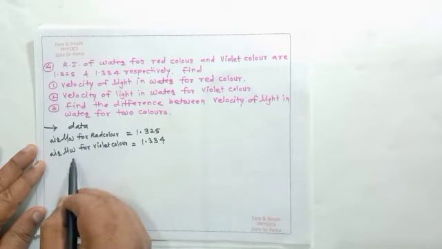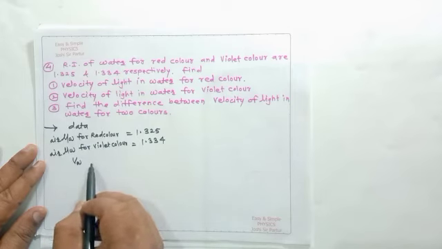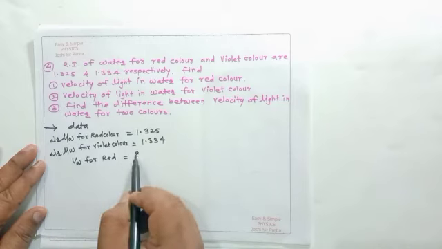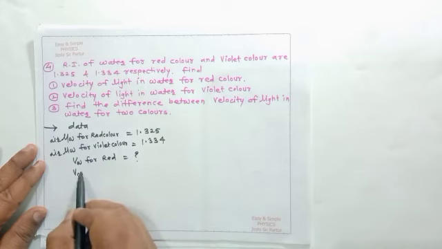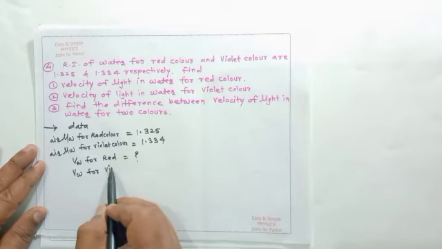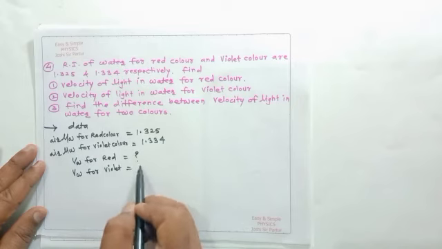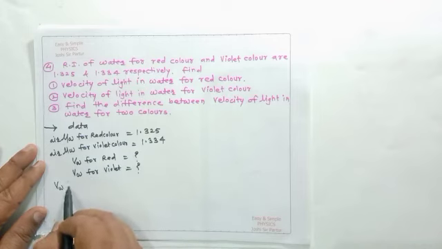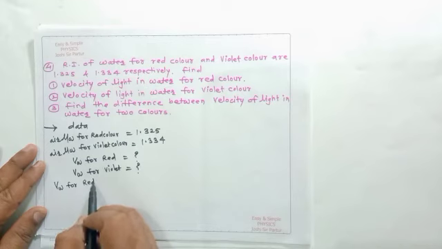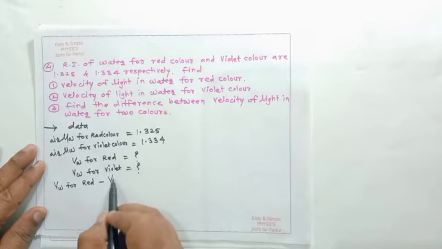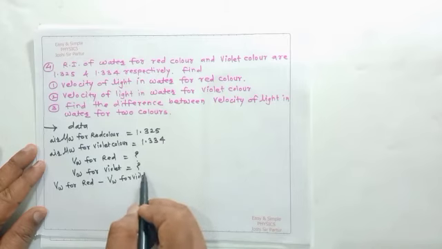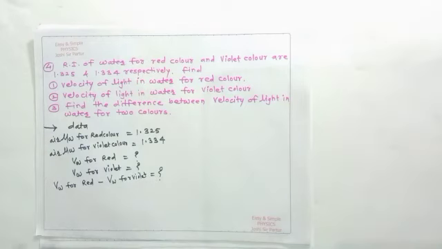We want to find the velocity of light in water for red color, and also the velocity of light in water for violet color. And we want the difference: velocity of light in water for red color minus velocity of light in water for violet color. So we can solve the three questions.